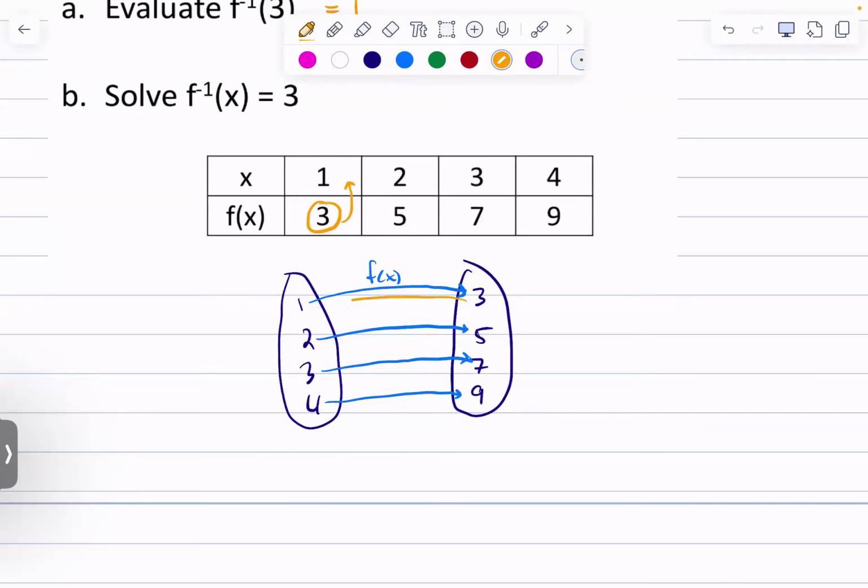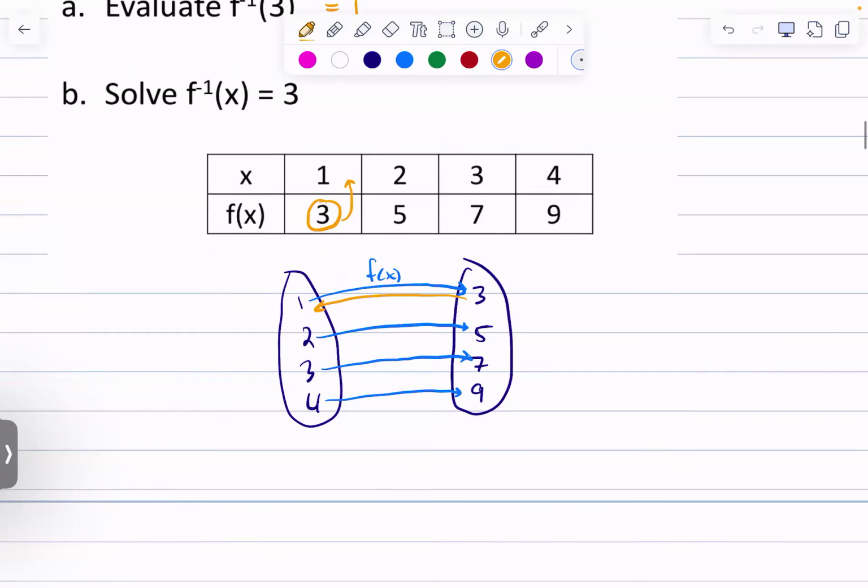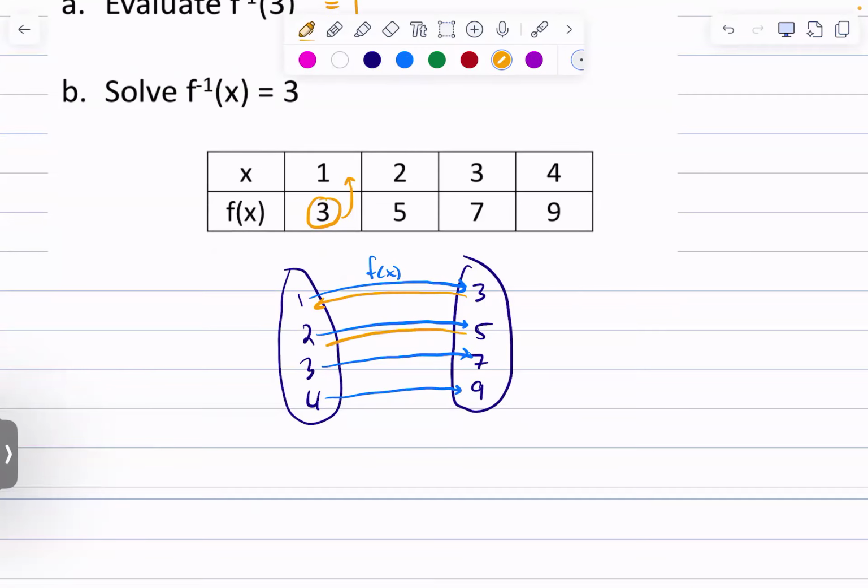Right? If the input is 3, the output is 1. The input is 5, the output is 2 for the inverse. 7 goes to 3 and 9 goes to 4 for the inverse.